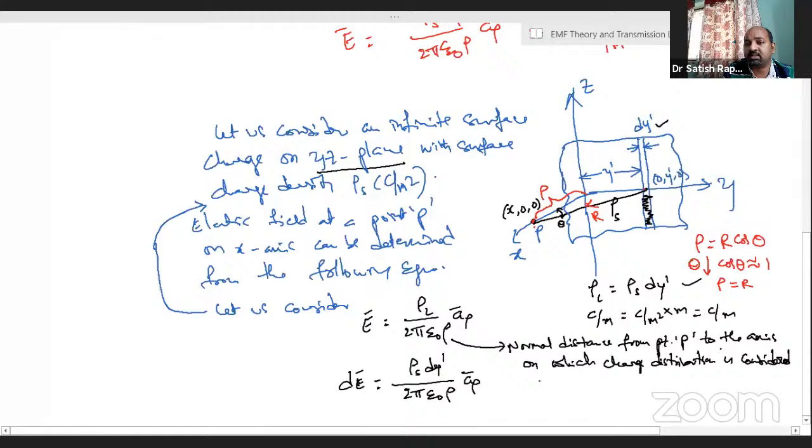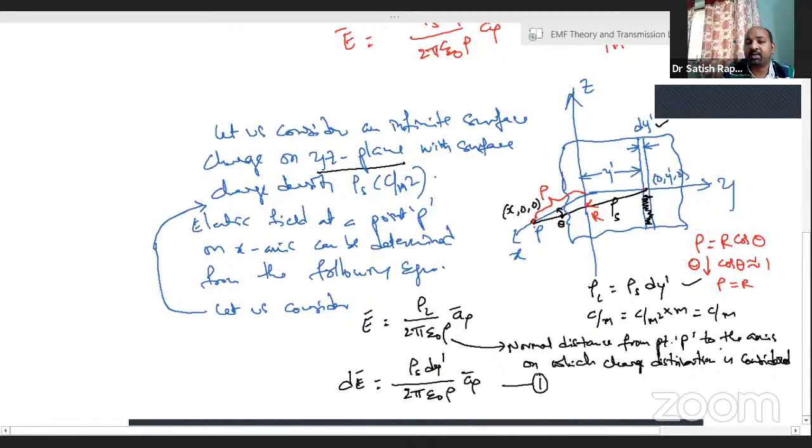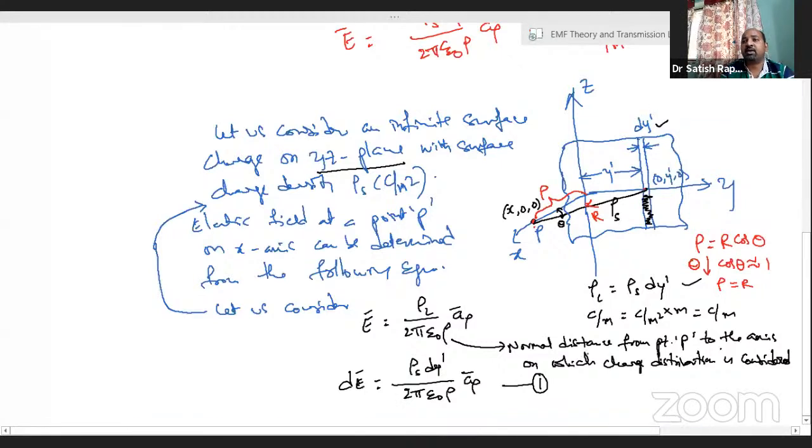Let us say this is equation 1. So we are determining the electric field due to the differential width strip, therefore it is a differential electric field.